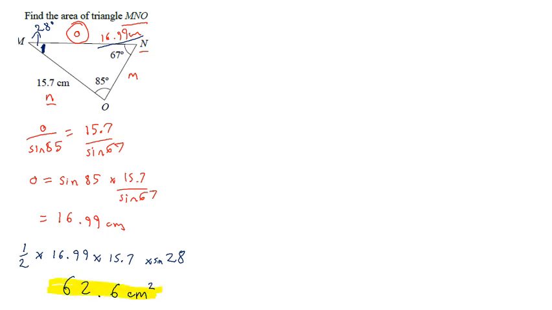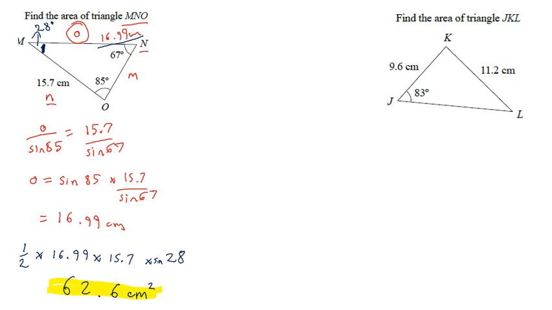Right, pause the video now and have a go at the question on the right-hand side. Okay, so with the question on the right-hand side, I would begin by trying to calculate this angle here. Ultimately, if we can find this angle here, we can then find this angle, and that will give us enough information to work out the area of the triangle.